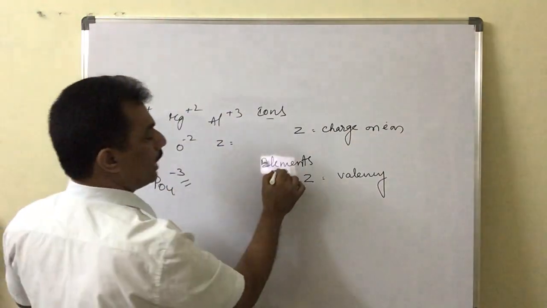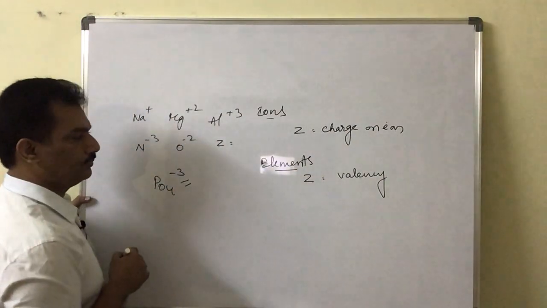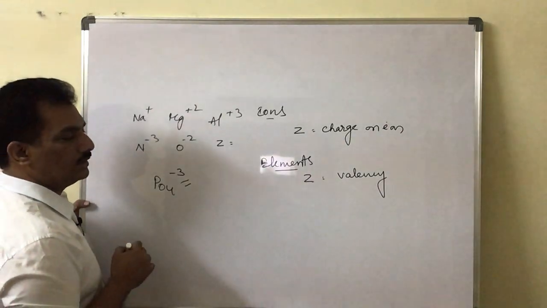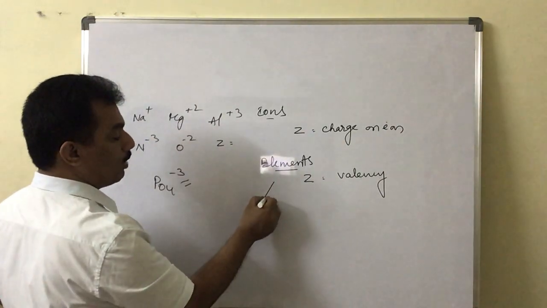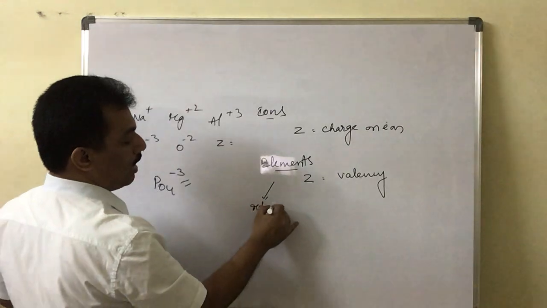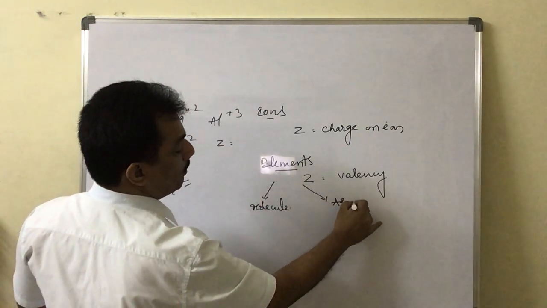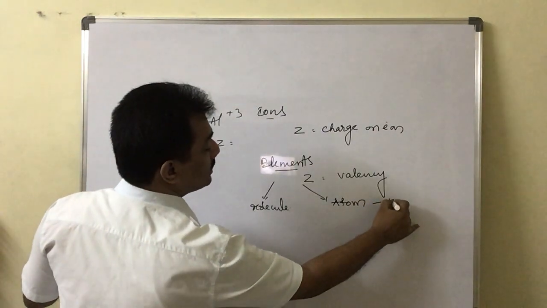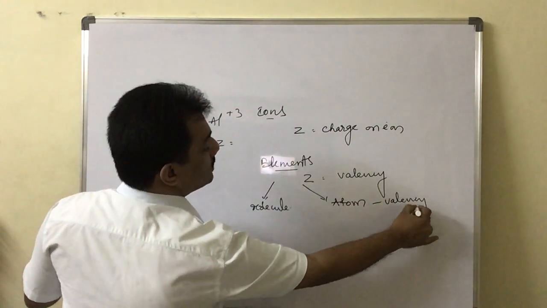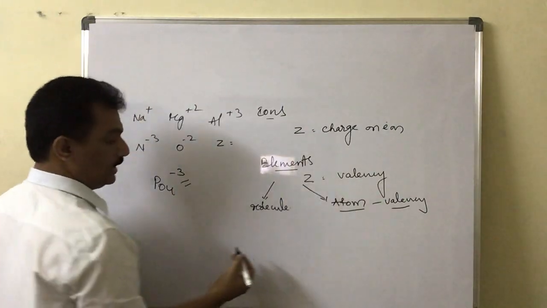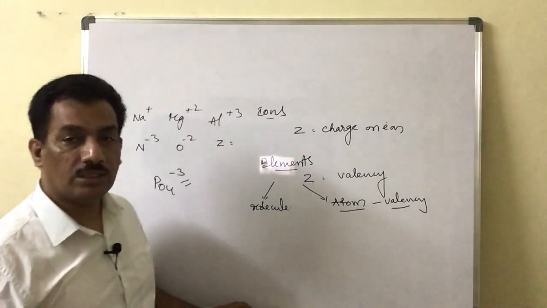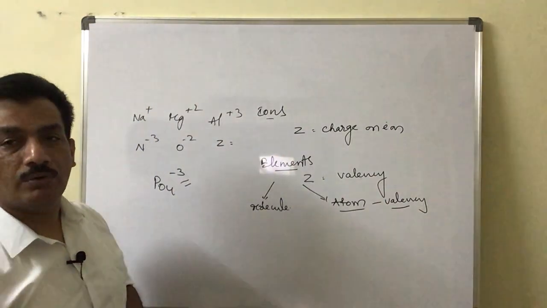And now coming to elements. In these elements, we may consider the molecule or we may consider the atom. Just remember, an atom has its valency. Generally, valency is related to the atom only. It is nothing but the combining capacity of the elemental atom.